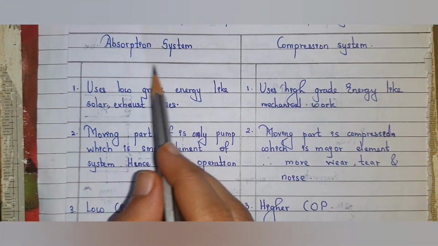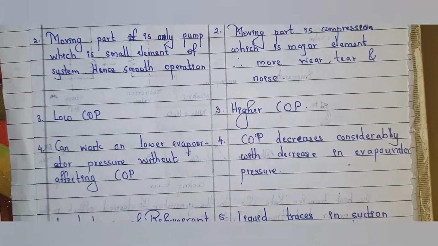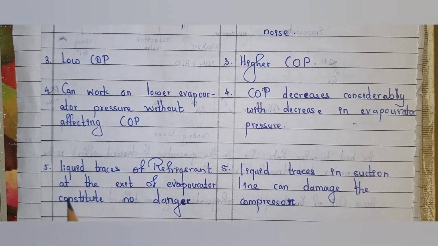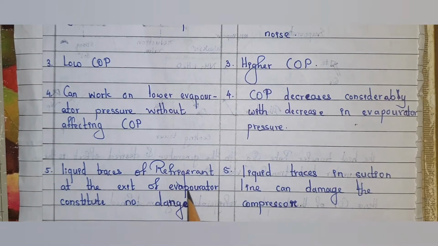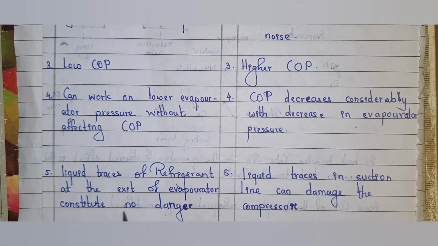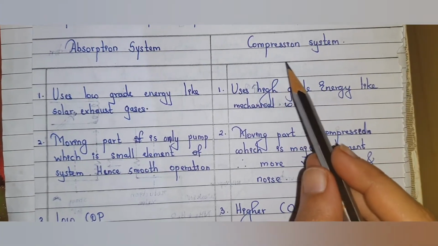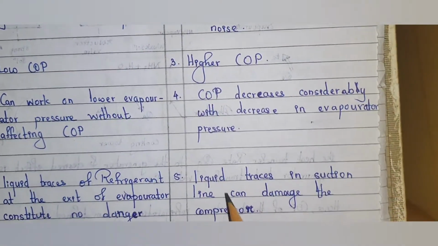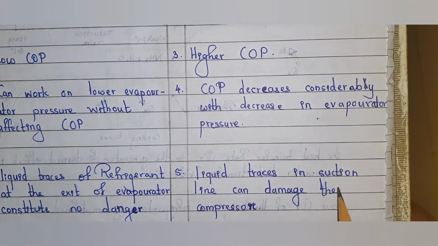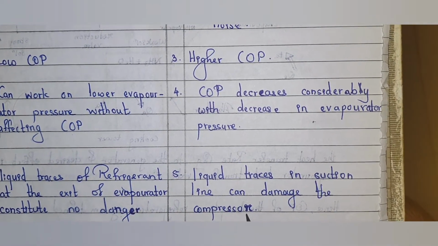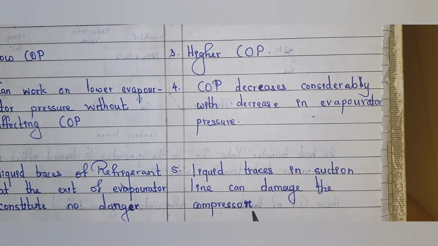And the last point for absorption systems: liquid traces of refrigerant at the exit of the evaporator pose no danger. But in the case of the compression system, liquid traces in the suction line can cause much danger or damage to the compressor.